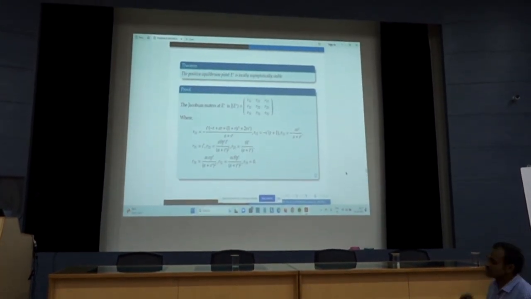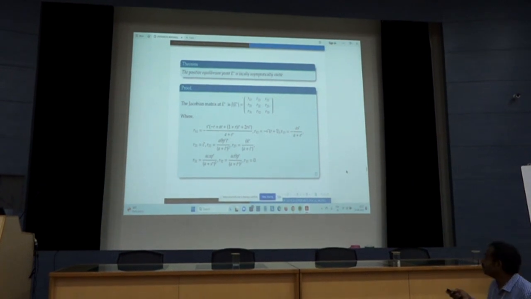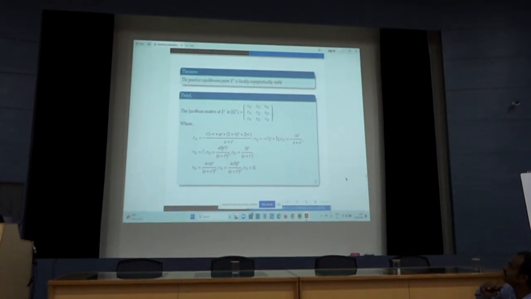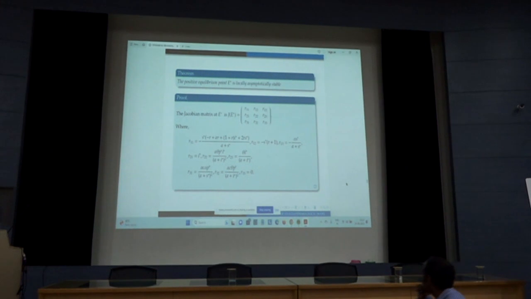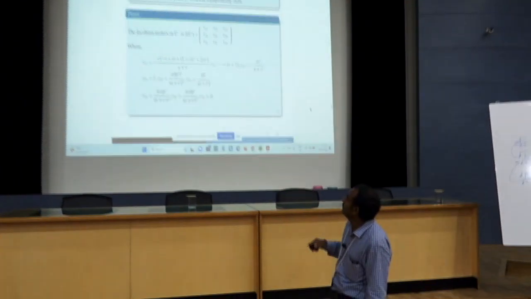And also for the positive equilibrium point, we consider the Jacobian matrix and get R1 to R33, all the values are here, not shown here. We find the characteristic equation, and it satisfies the Routh-Hurwitz criteria, therefore our system is said to be locally asymptotically stable.